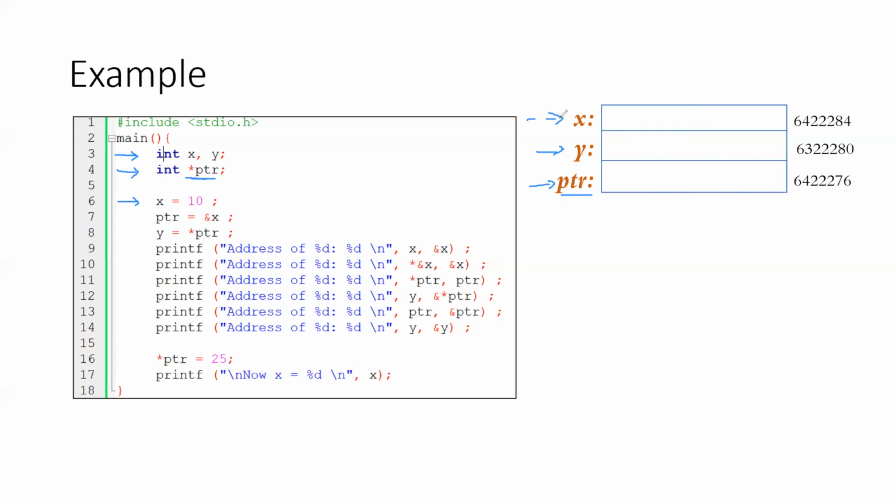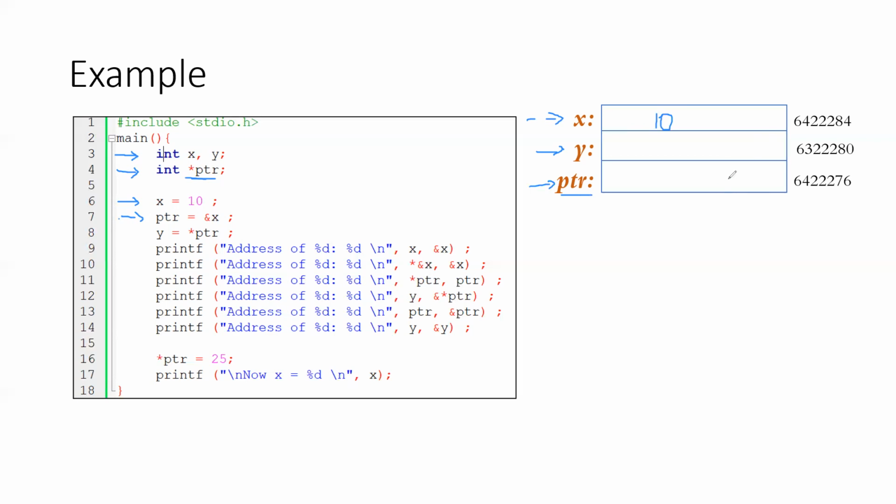On line 6, we are assigning x a value of 10. It will look for x in your memory, and x is here, so that will change the value of x to 10. On line 7, we are assigning the pointer variable PTR with the address of x.